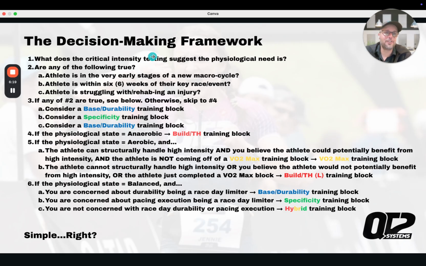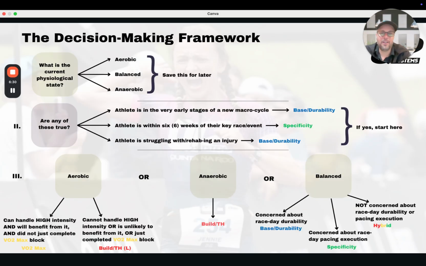This is our decision-making framework, written out in words. It's very dense, and I went through this in the last presentation. I'll skip this and go to the easier to follow flow chart. And this is how we make our decisions. This is essentially a function, and we have our inputs, and we go through the process of making a decision based upon our inputs, and we get an output.